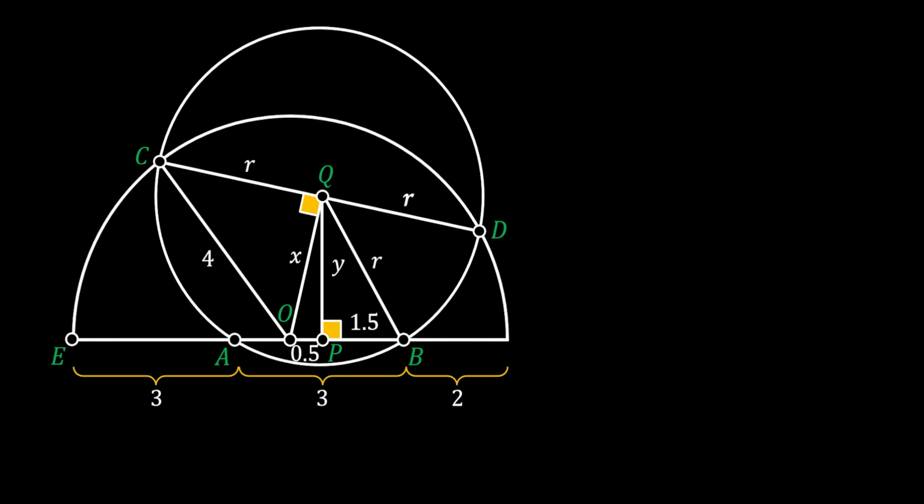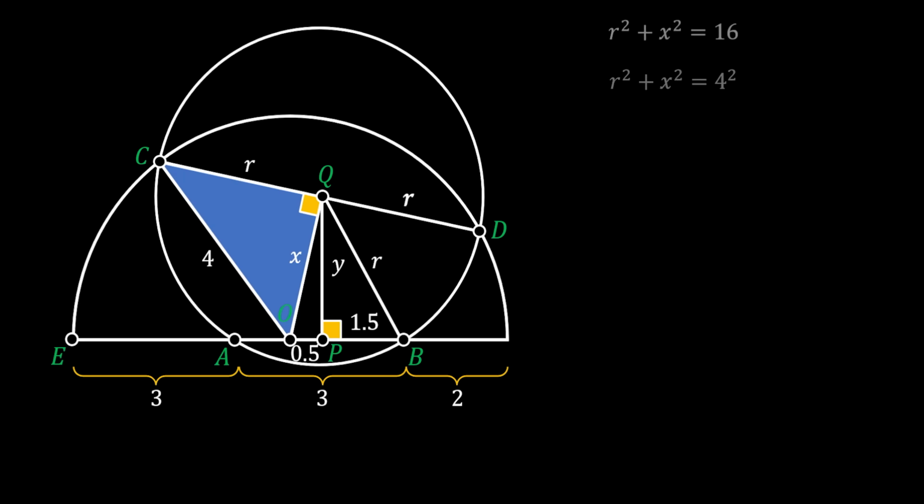So we're going to start by noticing different right angle triangles and the Pythagorean theorems. First, we will start with the right angle triangle CQO. We can use the Pythagorean theorem and say that the leg r squared plus the leg x squared is equal to the hypotenuse 4 squared, and 4 squared is of course equal to 16.